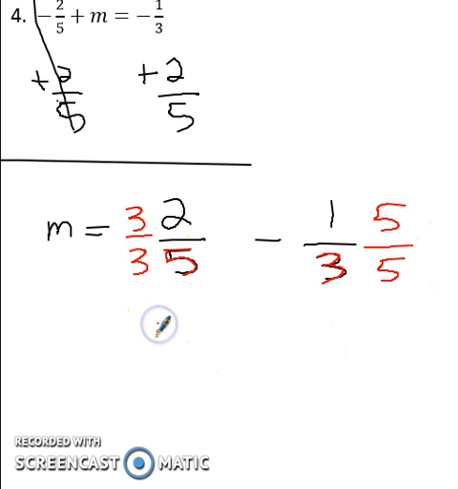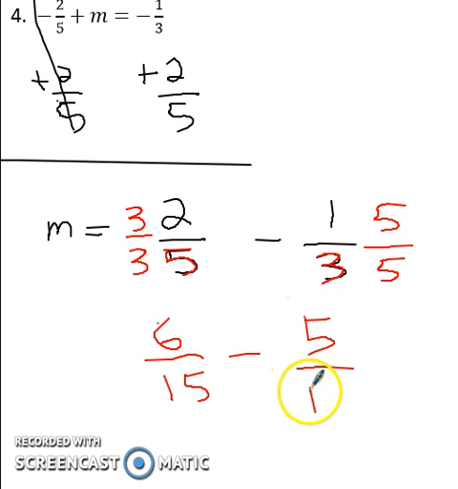What that does for us is that gives us 15 in the denominator for both fractions. That enables us to subtract, and what we end up with is 1 over 15.